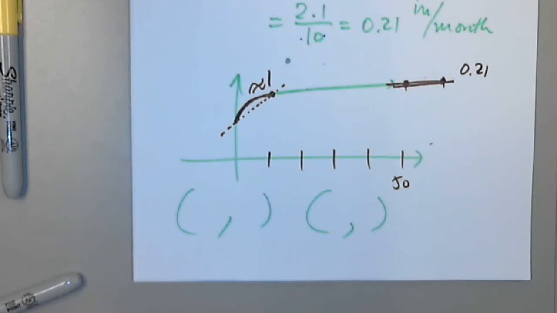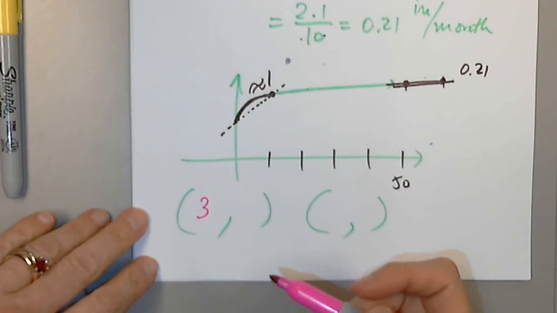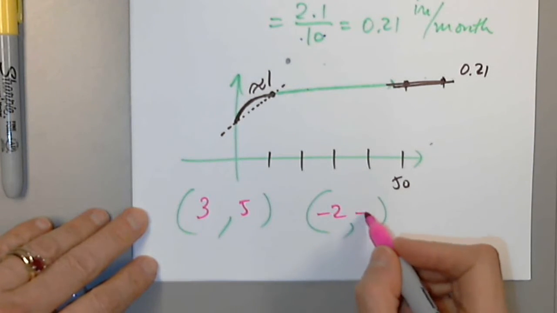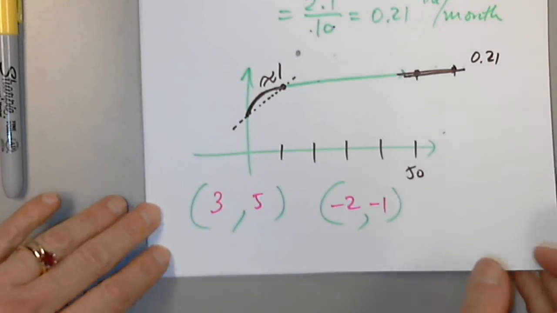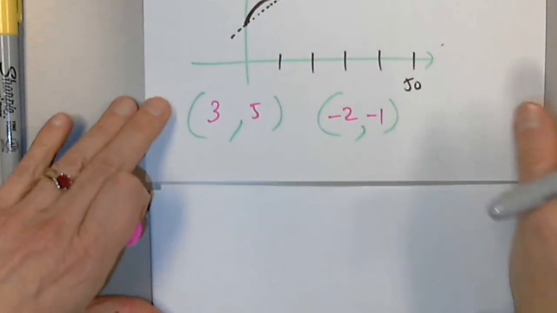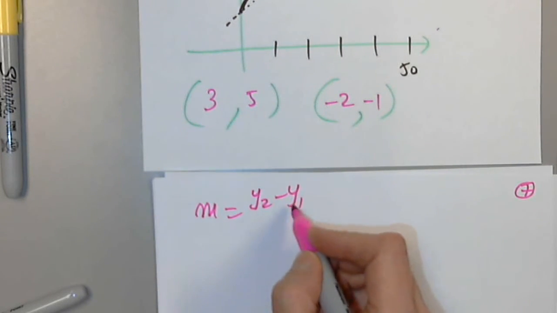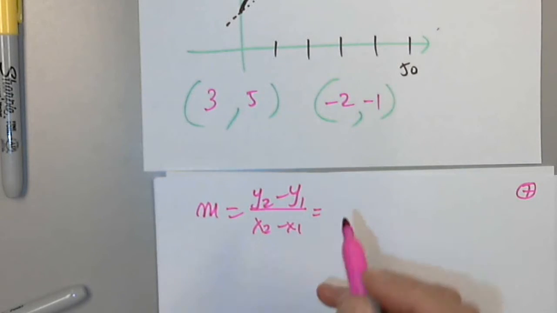Just give us two ordered pairs. Any ordered pairs you want. 3. Okay. -2, -1. Okay, very good. So the definition of the slope is m equals y2 minus y1 over x2 minus x1.